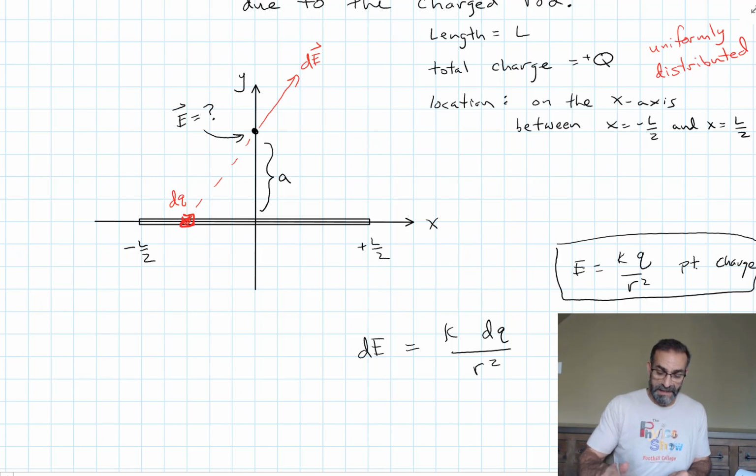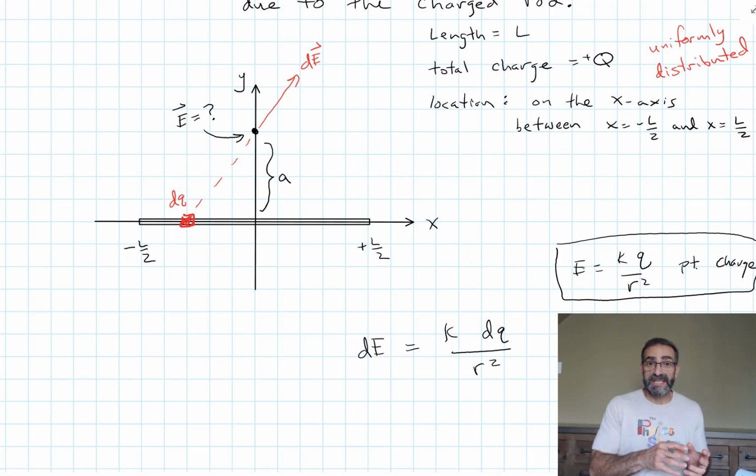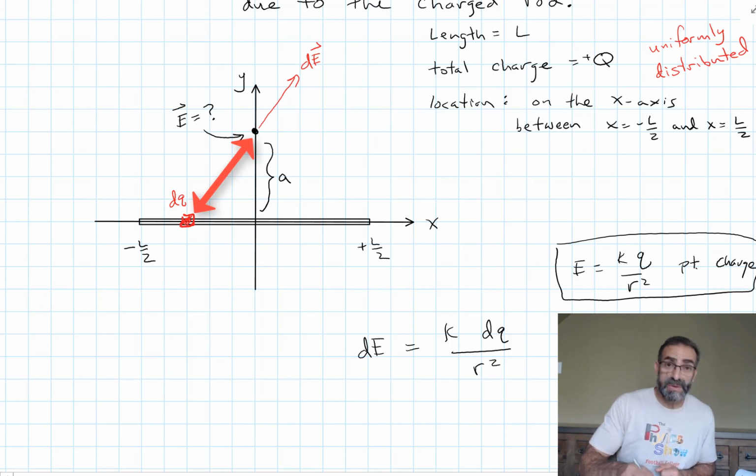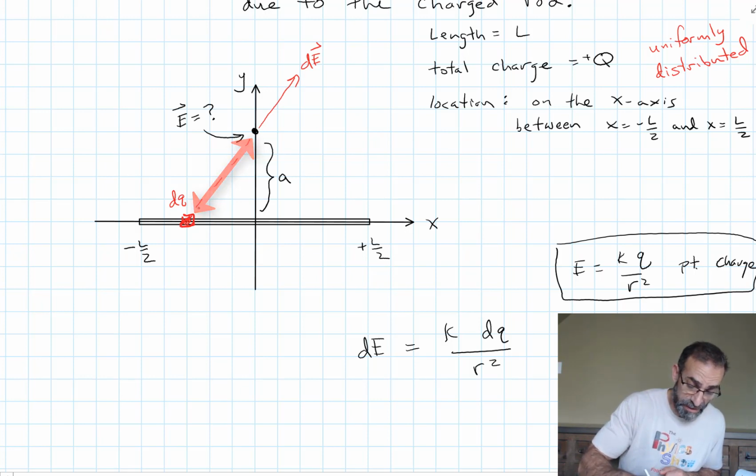K, the amount of charge, which we're calling dq, some little tiny chunk of our total charge, and R squared. What is R squared? R is the distance from our charge, dq, to our point of interest, the place where we want to know what the electric field is. So this is R. I'll do it in green.